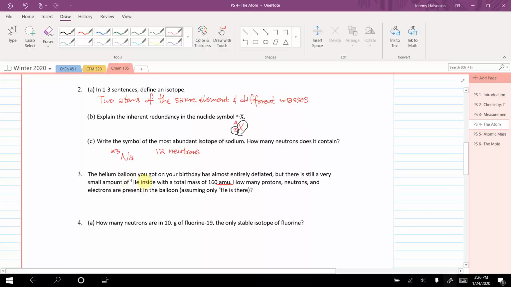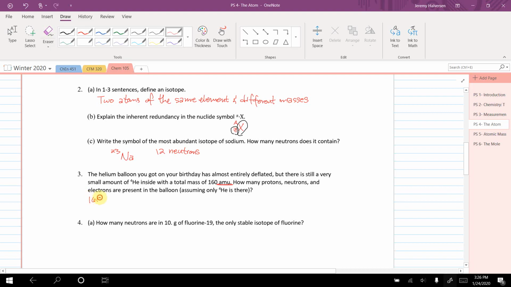So if we have helium-4, one atom of helium-4 weighs 4 amu, and since it's helium, it has 2 protons, which means it must have 2 electrons. So if we have 160 amu, half of that is protons, half is neutrons.